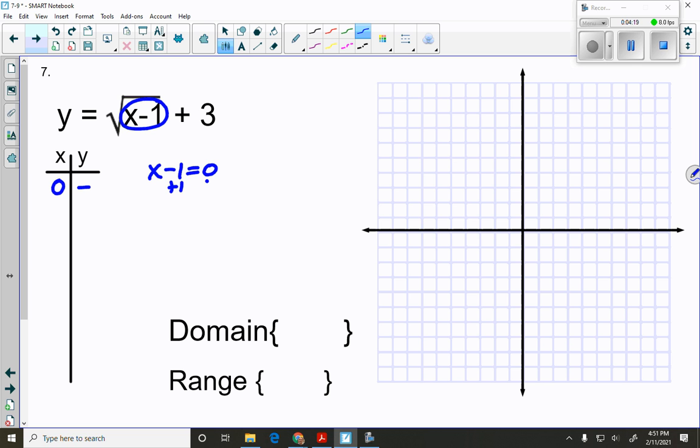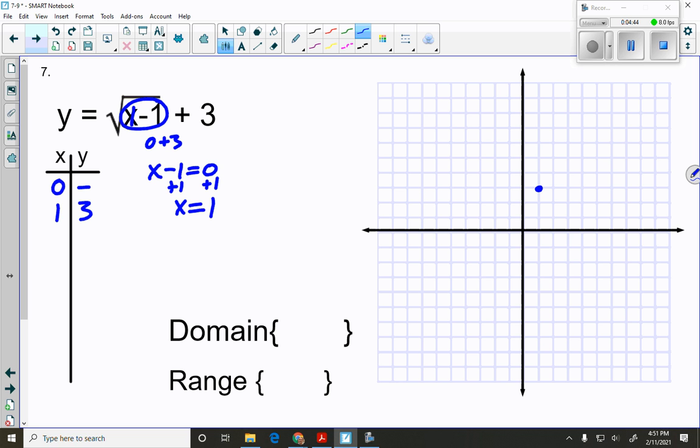I can go plus 1, and you notice x equals 1. Then that is the first point I'm going to start with. So when I plug in a 1, 1 minus 1 is 0. Square root of 0 is 0. 0 plus 3 is 3. There is my first point. Over 1, up 1, 2, 3, right here. Okay, so that's where this thing starts.